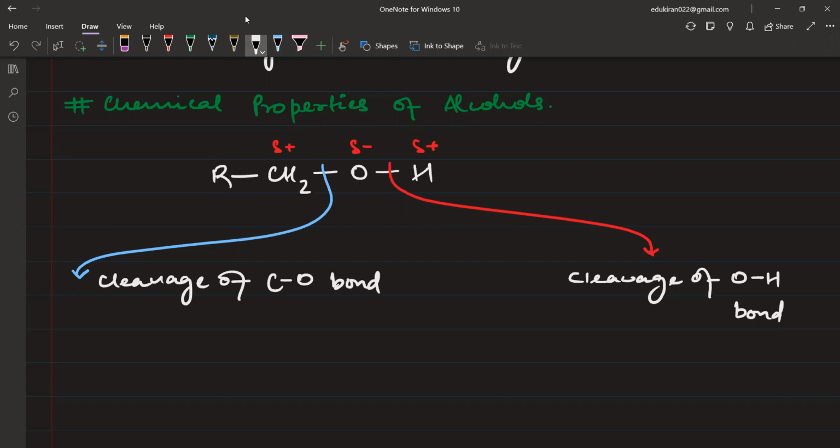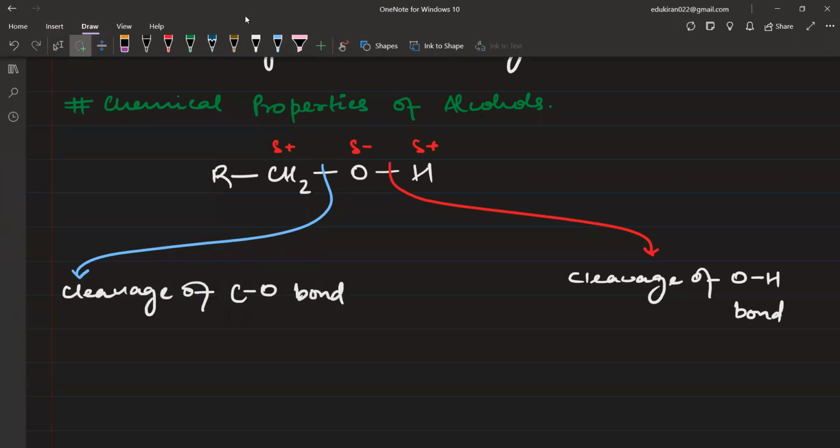Cleavage of CO bond. Okay, so two bonds can break. So we'll see the reactions that are involving the cleavage of OH bond, and then we will look at the reactions involving the cleavage of CO bond. But that topic will be starting on Wednesday, not today. Okay, we'll start that topic on Wednesday.